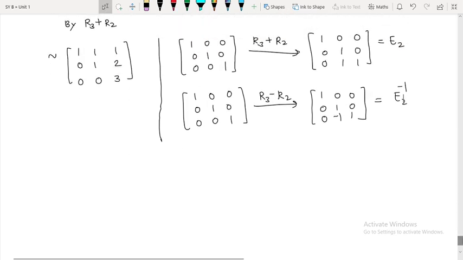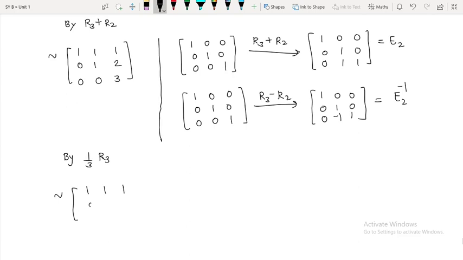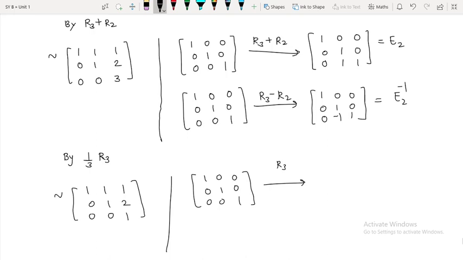So what should be our next operation? It is R3 by 3, right? So this will be equivalent to 1 1 1, 0 1 2, 0 0 1, and the corresponding elementary matrix, 1 0 0, 0 1 0, 0 0 1, will be R3 by 3.